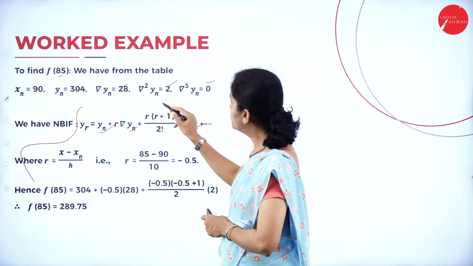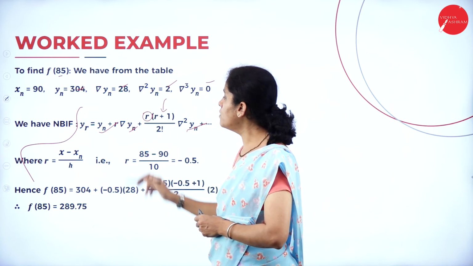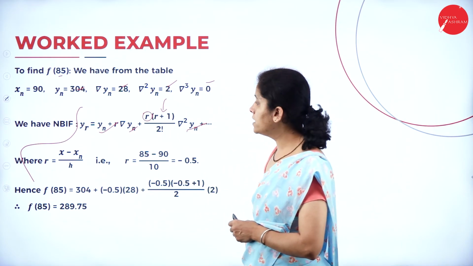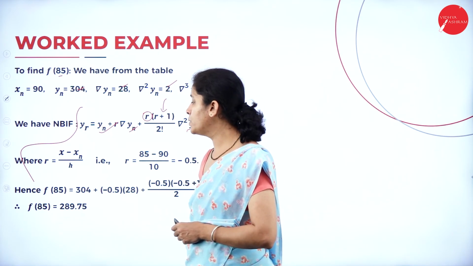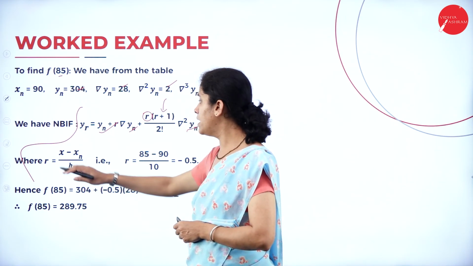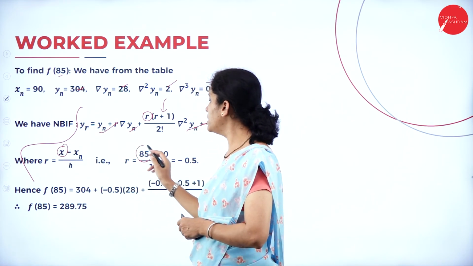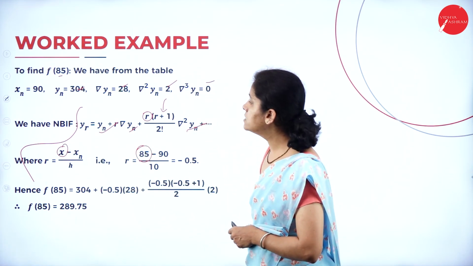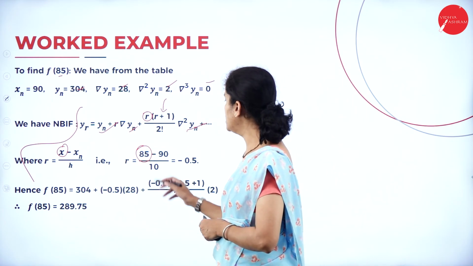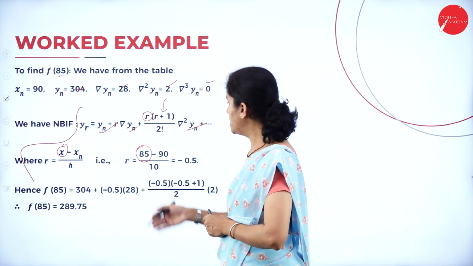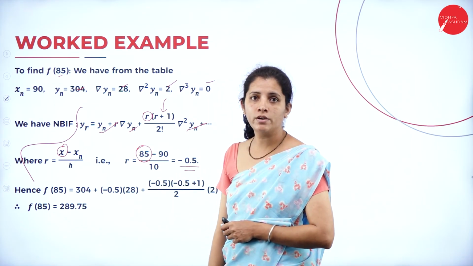Now I'm going to find the r value, and for that I have the formula r equal to x minus xn divided by h. x is nothing but 85, minus xn, which is 90, and h is nothing but 10. When I divide this, I'm going to get the answer minus 0.5.